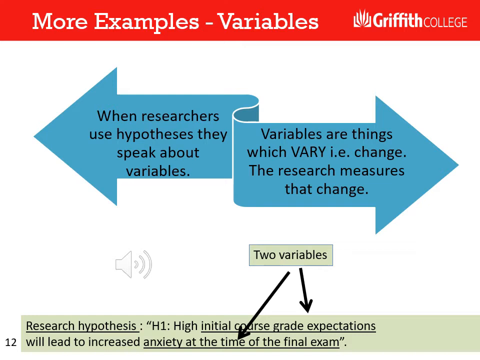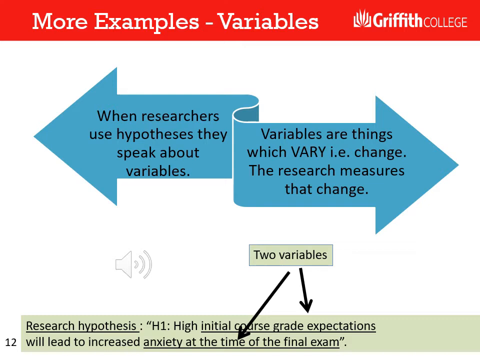Similarly, the other variable, anxiety at the time of the final exam, is another noun phrase. Now this one is written using prepositions, at, of, and so it's separating the nouns out, so then you need the articles, the time, the final exam. As a noun phrase, it's less efficient. I'm not saying it's good or bad, but in terms of word limit, if you have one to write, it would be more challenging.